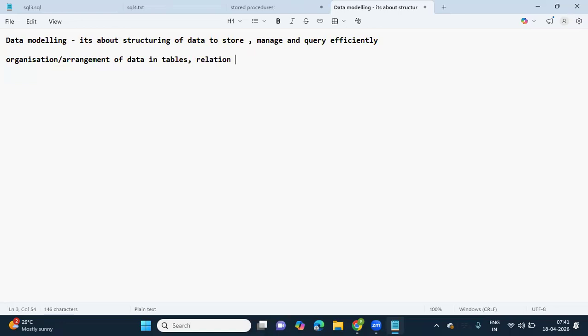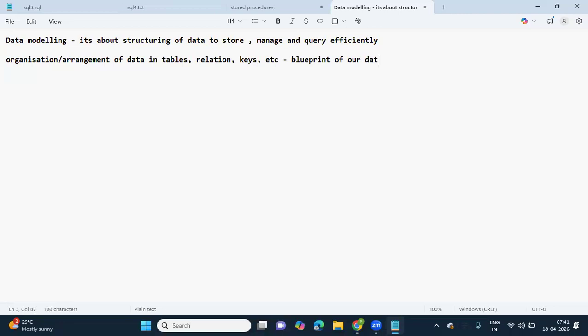That department ID is the relation. Relations are also of multiple types: one to one, one to many, many to one, or many to many. It will define the relationships between them, and also what the primary keys and foreign keys are. All of this is decided in data modeling. It's like a blueprint of our data.